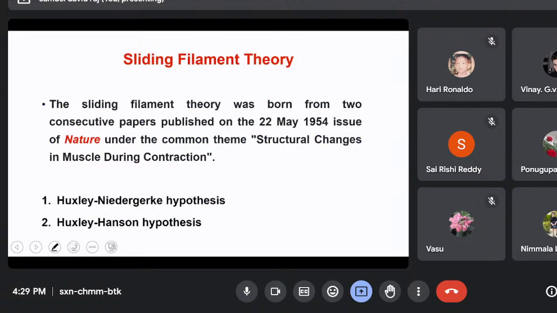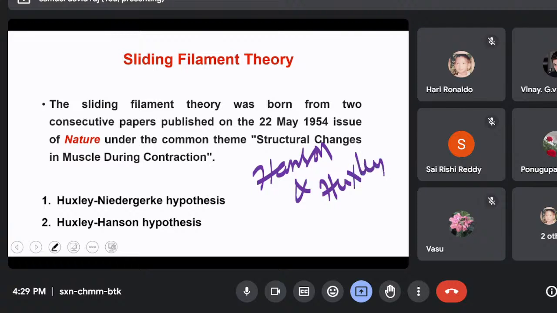And finally, we come to the sliding filament theory. This theory was proposed by two scientists, Hanson and Huxley, in 1954, and it was published in the prestigious journal Nature under the name Structural Changes in Muscle During Contraction.